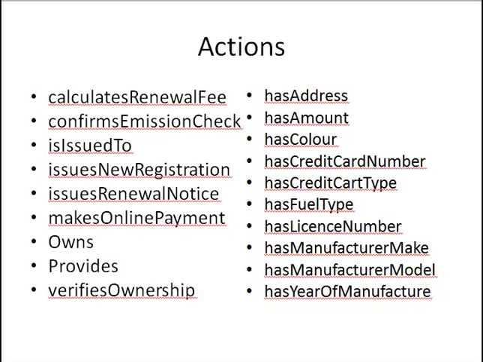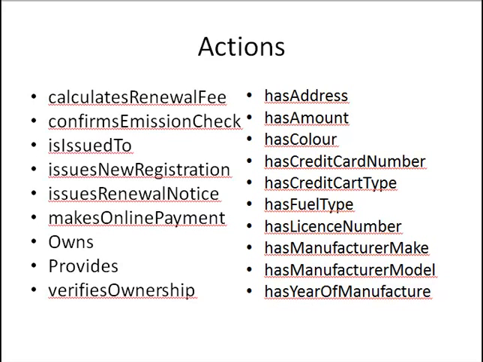From the problem domain, we can identify the following actions: calculates renewal fee, confirms emission check, is issued to, issues new registration, issues renewal notice, makes online payment, owns, provides, verifies ownership.